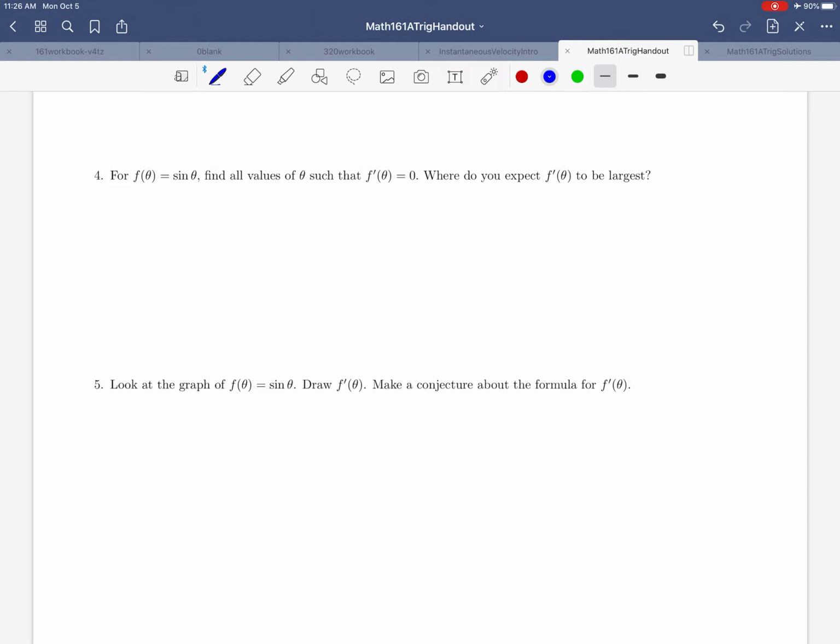We took a little bit of a break to introduce trigonometric functions, but now that we have these two functions, sine theta and cosine theta, in our collection of functions that we know, we want to go back and start thinking about derivatives again. And it's natural to think about what the derivative of the function sine theta would look like.